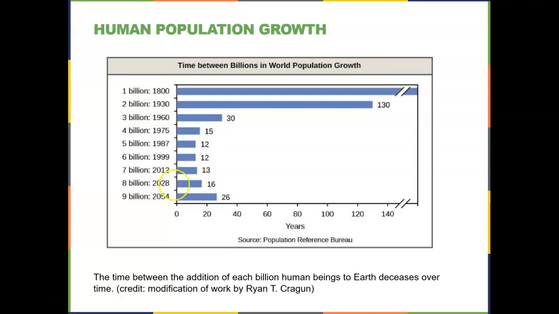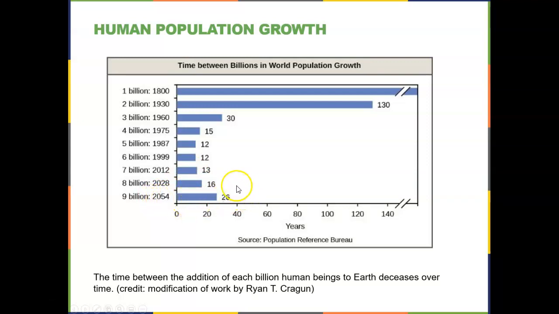But we do notice that as we are going forward from 2012, to add our 8th billion, it's estimated that that's going to take until 2028. That's an increase in the number of years. And to add our 9th billion, 2054.